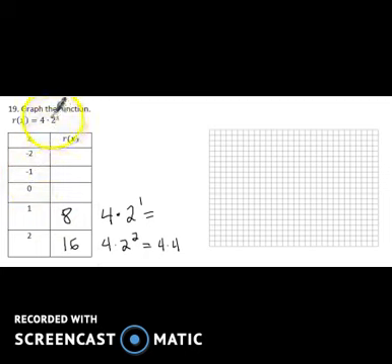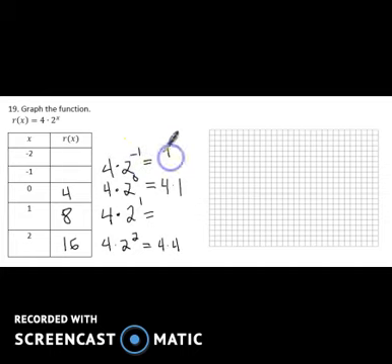When x is 0, y is equal to 4. If I plug that in, we got 2 to the 0 is equal to 1. We're left with a 4. What happens when we plug in -1? We cross the line and change the sign.